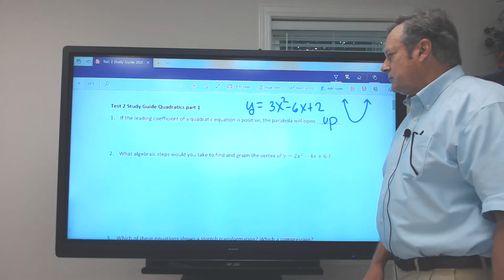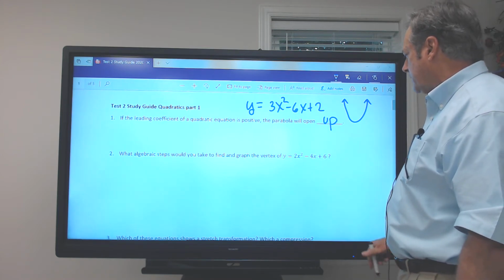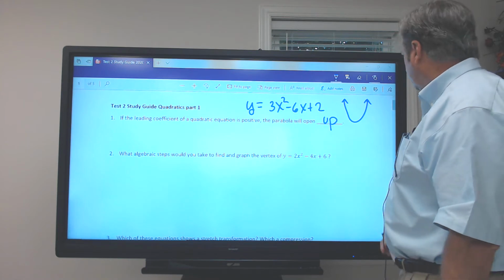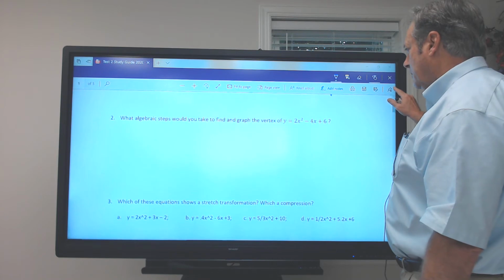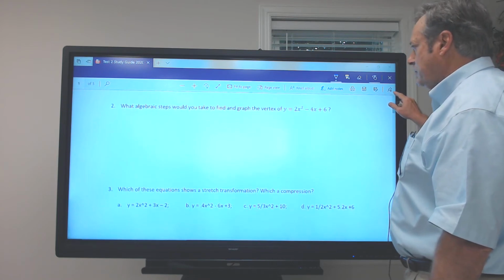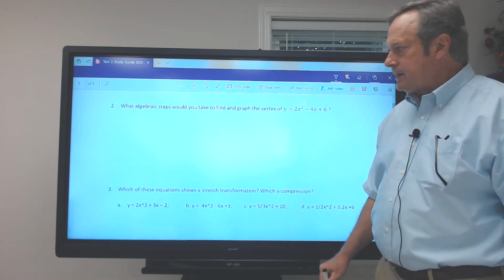All right, number 2. What algebraic steps would you take to find and graph the vertex of this? Now, this is going to be a multiple choice kind of deal. We have a standard form quadratic equation.